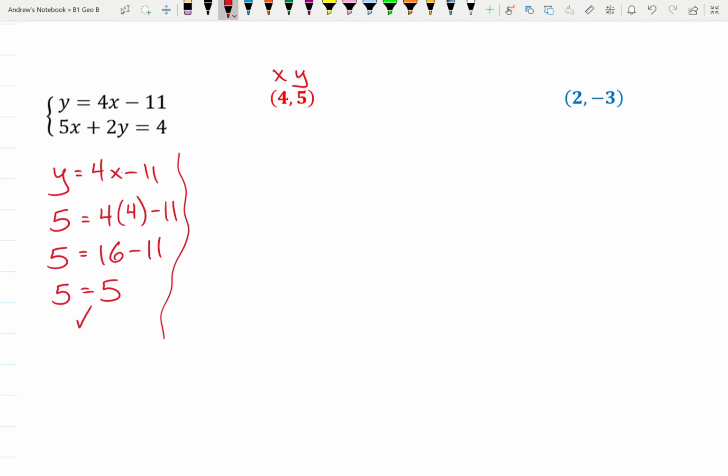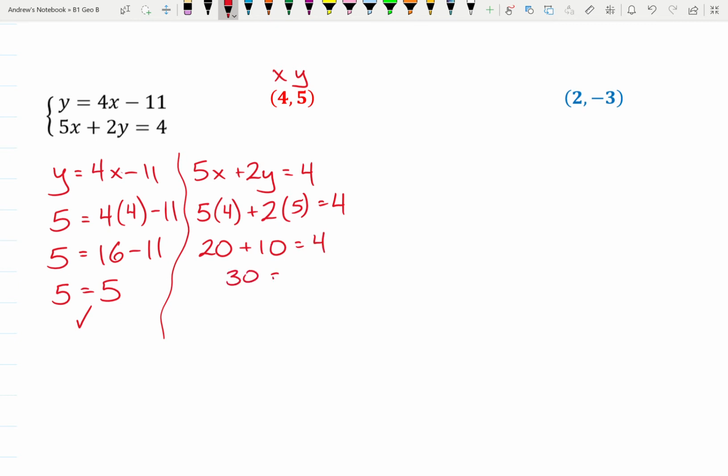I still got to check it in the other equation, which is 5x plus 2y equals 4. Again, I'm replacing the x with 4 and the y with 5. And then we're just simplifying this down. 5 times 4 is 20. 20 plus 10.